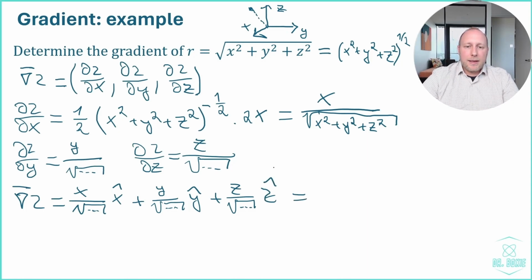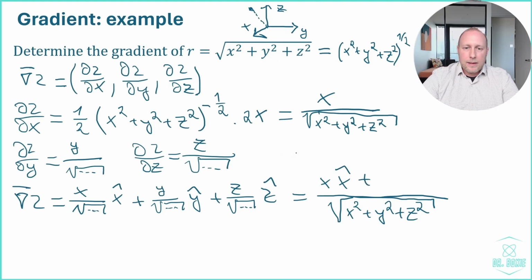And if we put everything on one common denominator, which is the square root of x squared plus y squared plus z squared, in the numerator we get x times x hat plus y times y hat plus z times z hat.